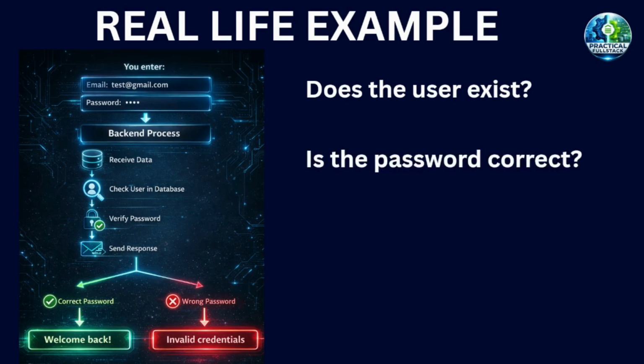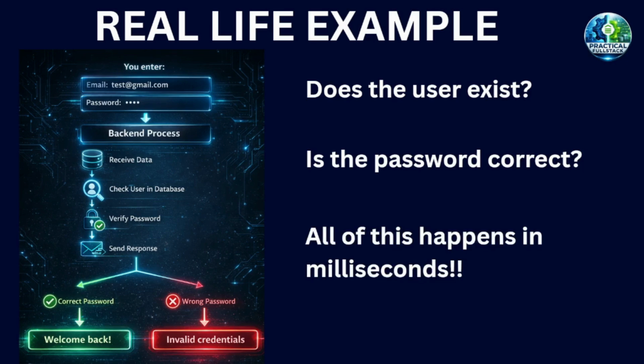Now, based on this verification, if the password is correct, you'll see welcome back. But if the password is wrong, you'll get invalid credentials. And all of this happens in just a few milliseconds. And the important thing to understand here is the user only sees the final result, and all the decision making happens inside the backend.